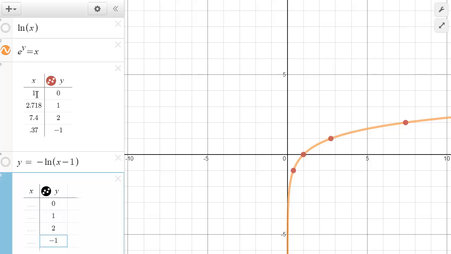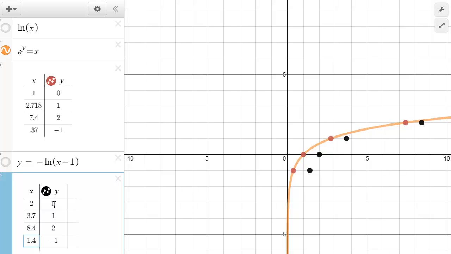X is now shifted 1 to the right, but then they need to shift across the x-axis.